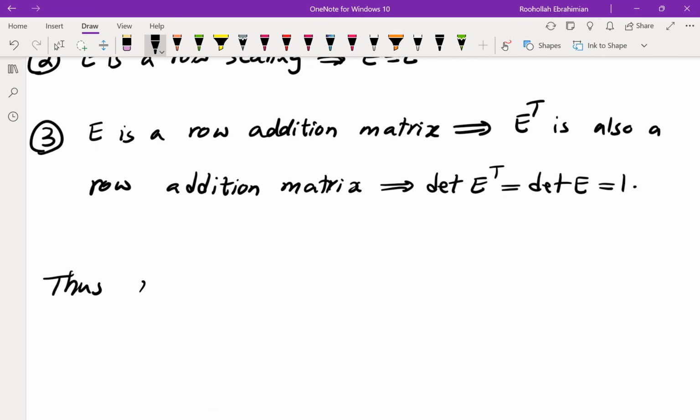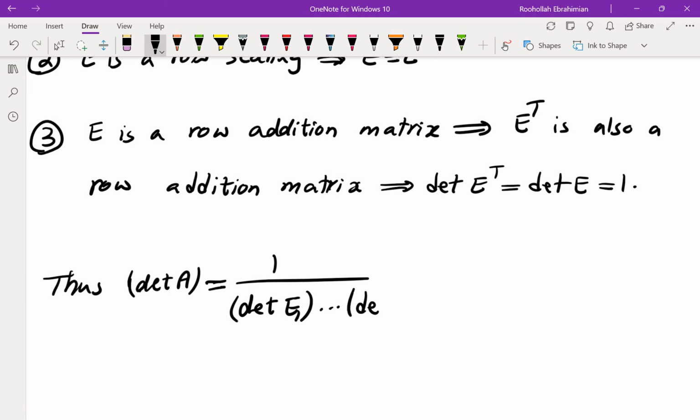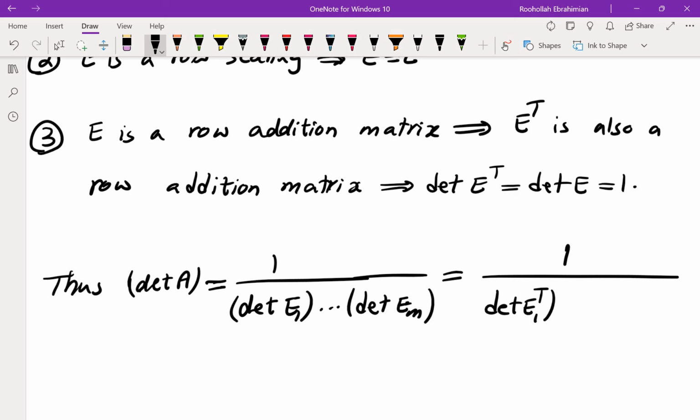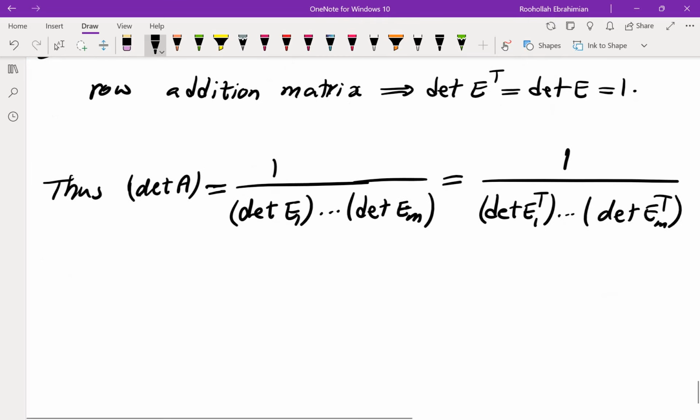So thus, determinant of A, which is equal to 1 over determinant of E1 all the way to determinant of EM, is the same as 1 over determinant of E1 transpose all the way to determinant of EM transpose, which is determinant of A transpose.